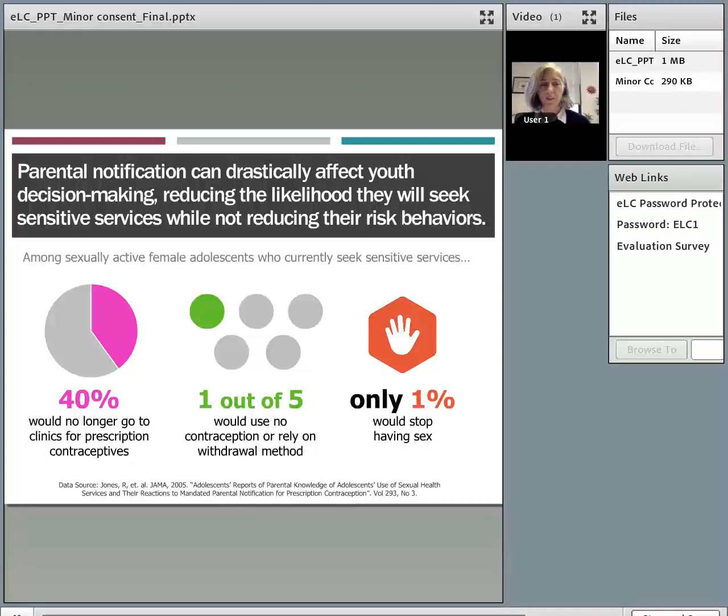And 40% of the young people said that they wouldn't be coming in for services. When they were asked, well, what's that going to mean for your practices, 1 out of 5 said that they would simply not use prescription contraception or rely on withdrawal method. And only 1%, though, said that they would stop having sex. So we know that confidentiality has a huge impact on service delivery.